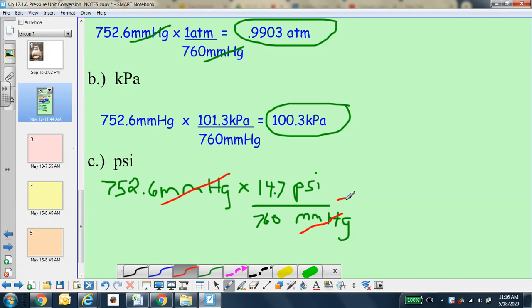Those units cancel. We're left with our desired unit of PSI. And we just need to put this into our calculator. Okay, so 752.6 times 14.7 divided by 760 comes out to be 14.56 if we are maintaining those same 4 significant digits.